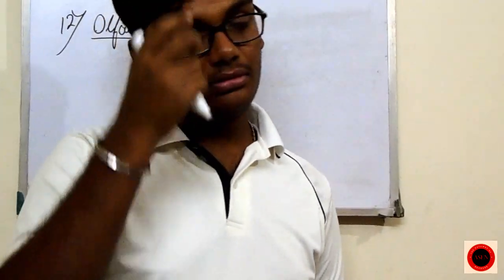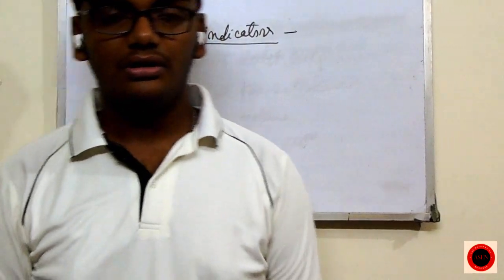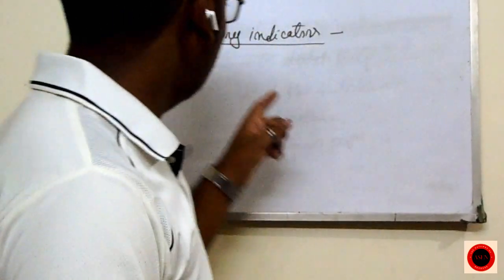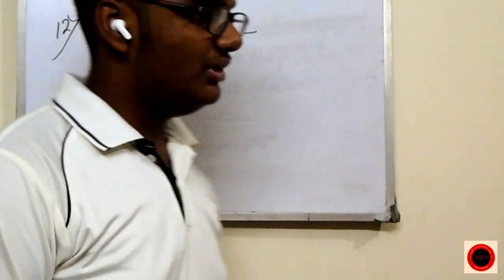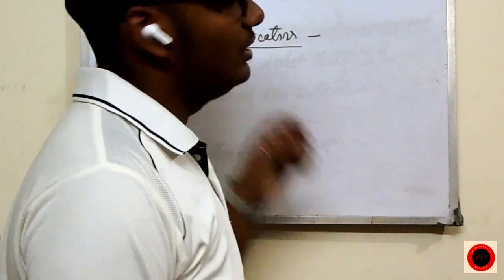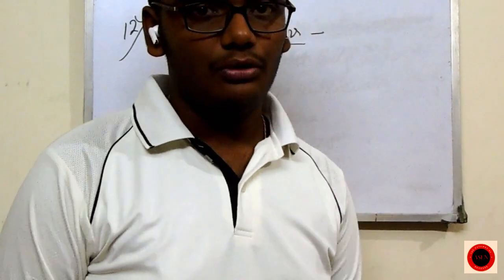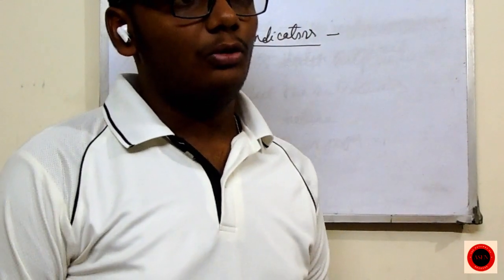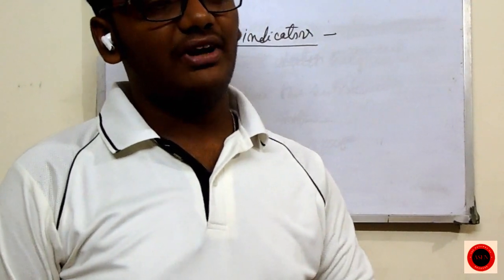Normal indicators, like the litmus paper, simply change color. Blue litmus changes into red, and red changes into blue. But in olfactory indicators, by the name only we are going to understand: that is odor. Odor is going to tell us the nature of that substance.